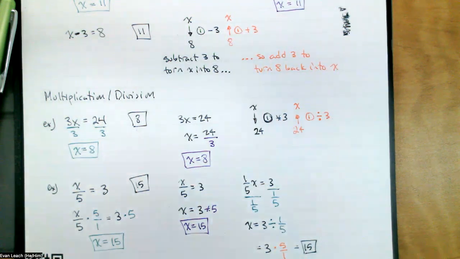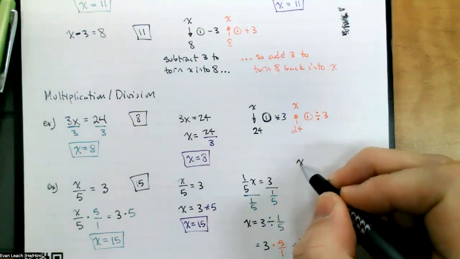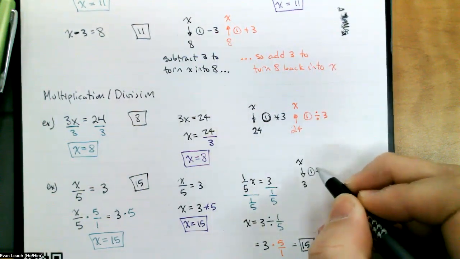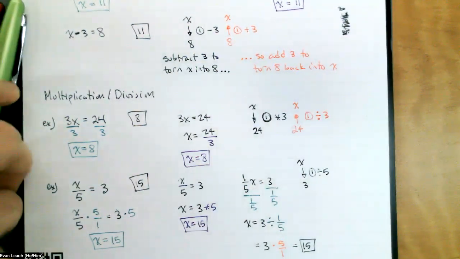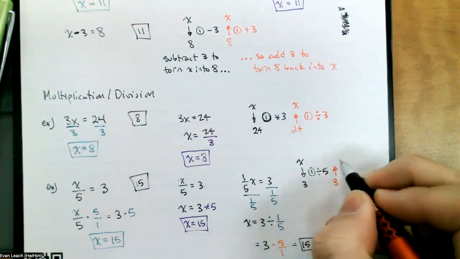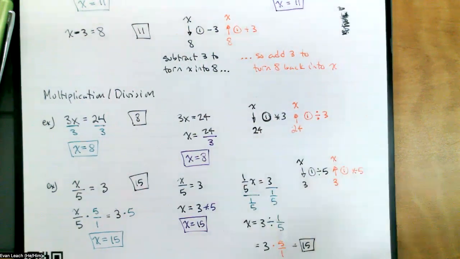In thinking in terms of inverse operations in reverse order, we could say that x got turned into a 3. The only operation we performed was dividing by 5. So to turn the 3 back into x and find out what it is, we would perform the inverse operation in reverse order, which is to multiply by 5.